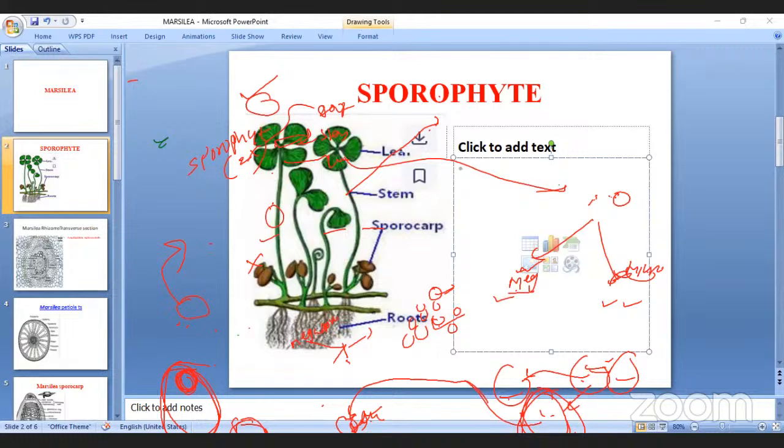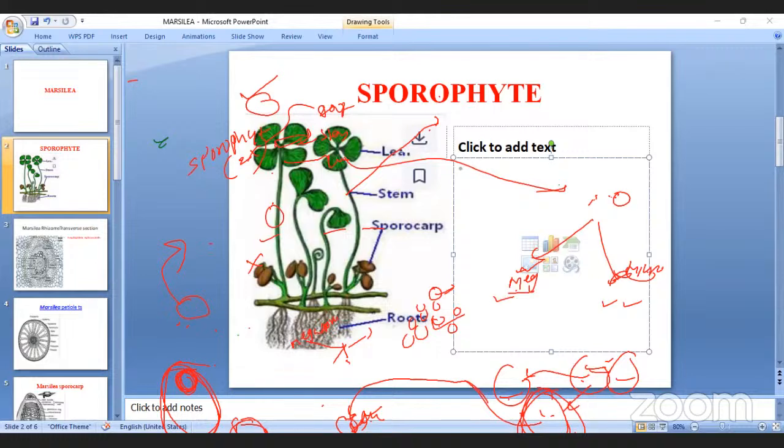In Pteridophyta, yesterday we completed Lycopodium, the cone mainly, important for short answer. Equisetum cone and stem, Lycopodium also cone and stem. Sorry, I forgot the stem internal structure. Equisetum cone and stem internal structure.